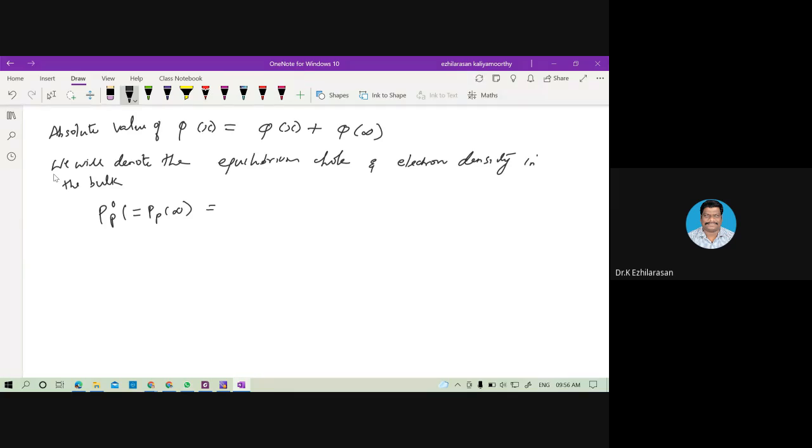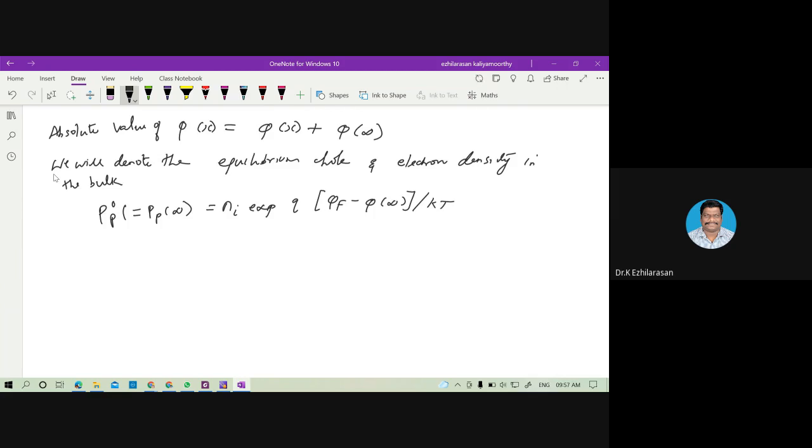It will be equal to Ni exp, that is exponential, e to the power q into phi f minus phi of infinity by kT. Phi f minus phi x means phi x was there, so I am considering phi x as nothing but phi f, so that's why I wrote it like this. Similarly we need to write for np0 also.